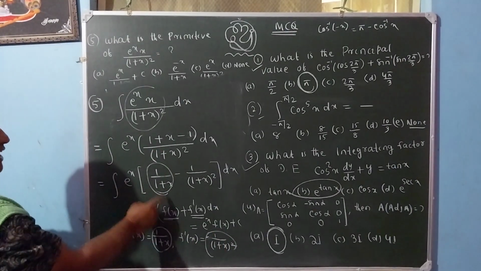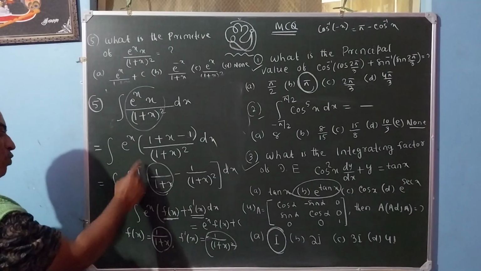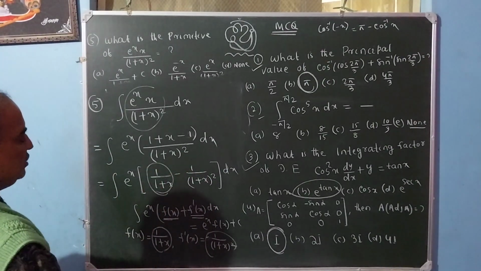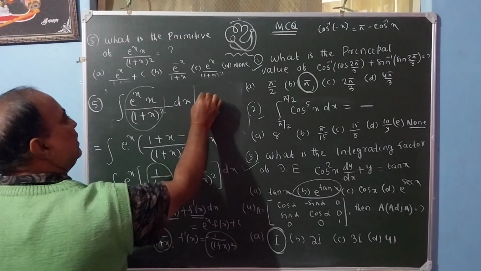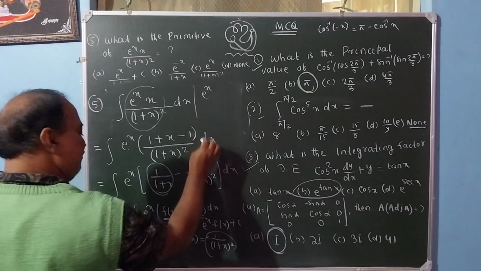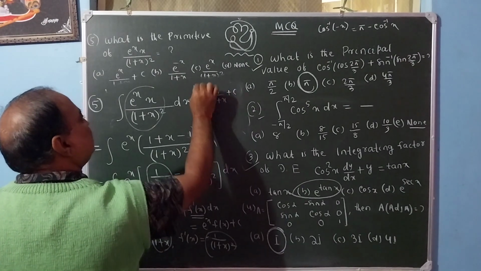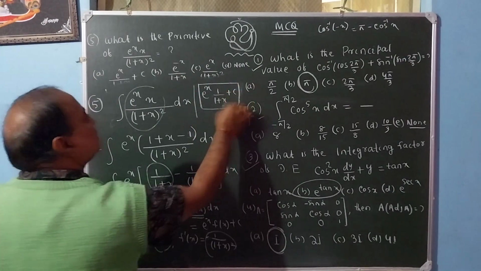So this is in the form e to the power x whole into [f(x) plus f dash x]. So the integral value is e to the power x into f(x), 1 by 1 plus x, plus c. So this is the answer of this question.